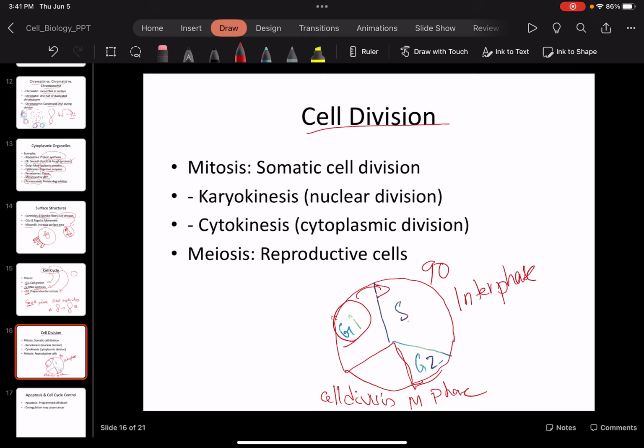After DNA replication comes the G2 phase, growth and getting ready for cell division. Then for cell division, I'm going to talk about mitosis.